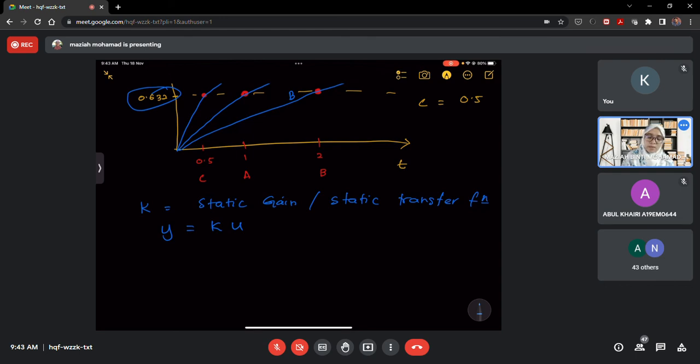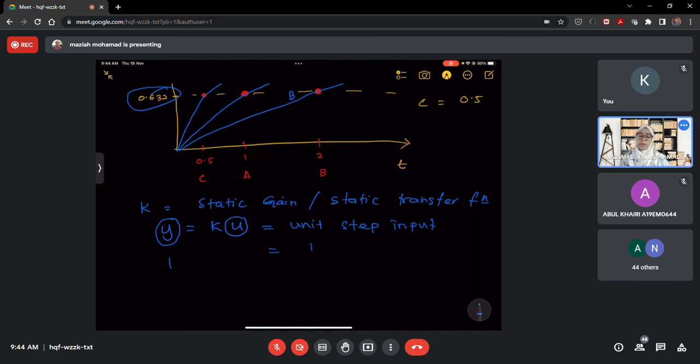All right. So we already know the final value here is 1. The input is a unit step input, which is also 1.